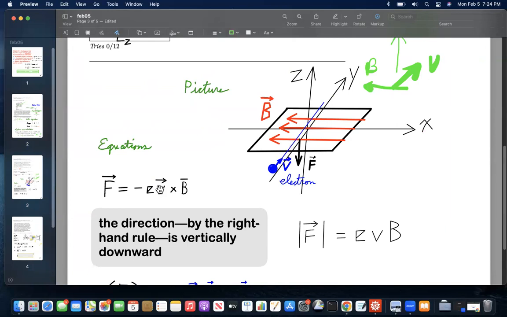So the magnitude of the force will just be EVB. Take the magnitude, this sign doesn't matter. So by the right-hand rule, the direction is vertically downward, the magnitude is EVB.